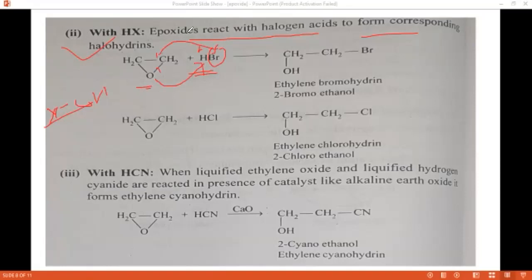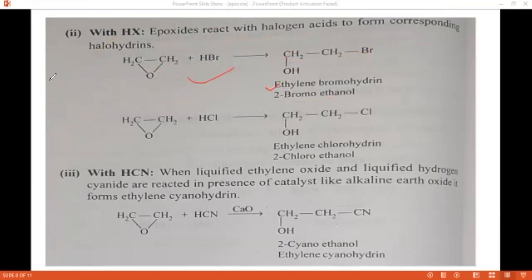So bromine is attached to this CH2 group and the hydroxyl group is attached to the other carbon. That is called a halohydrin. So what is the name of this compound? It is ethylene bromohydrin, or 2-bromoethanol. Very simple. The ethylene oxide reacts with HBr, then ethylene bromohydrin or 2-bromoethanol is formed.